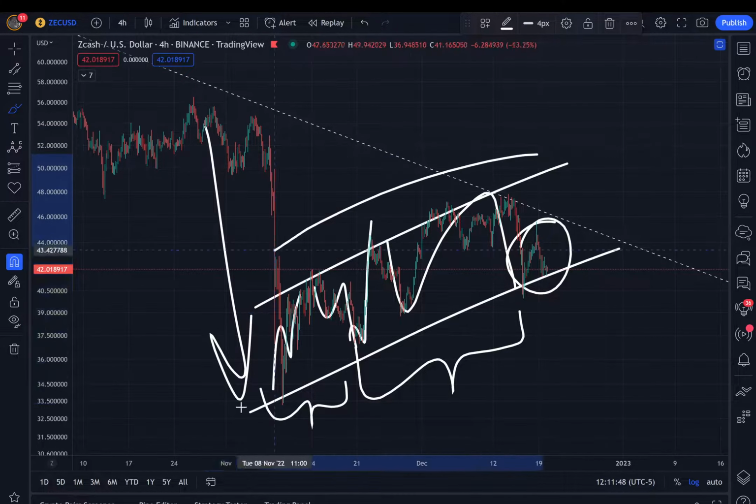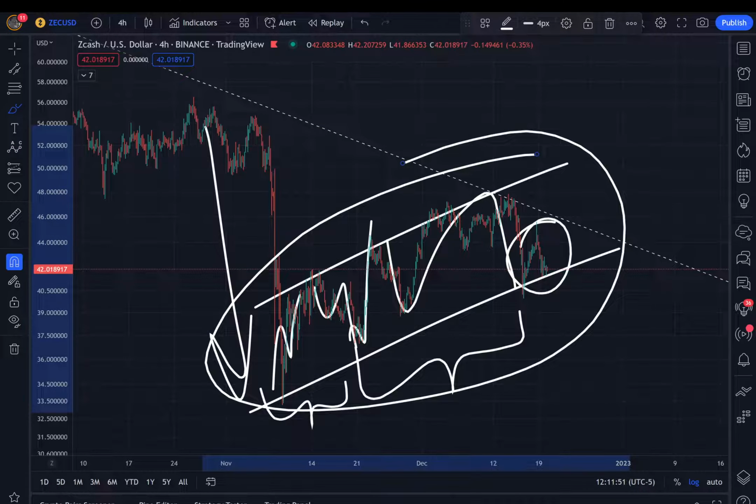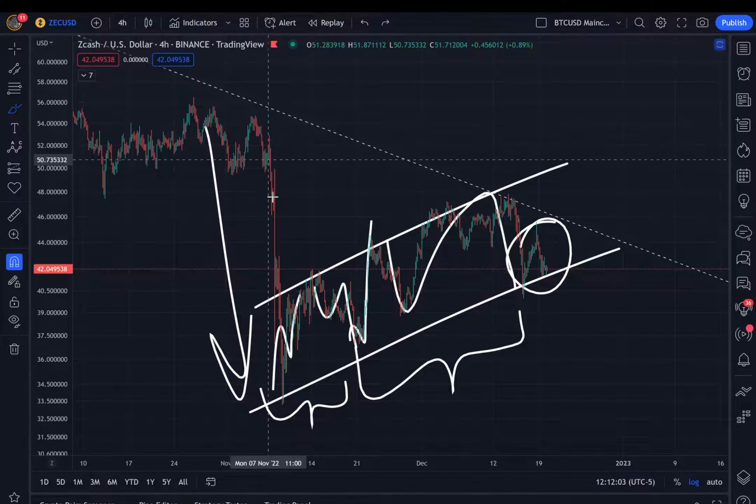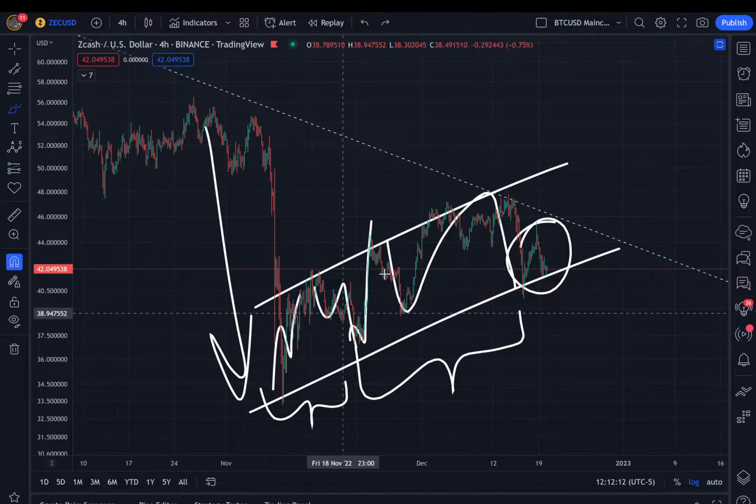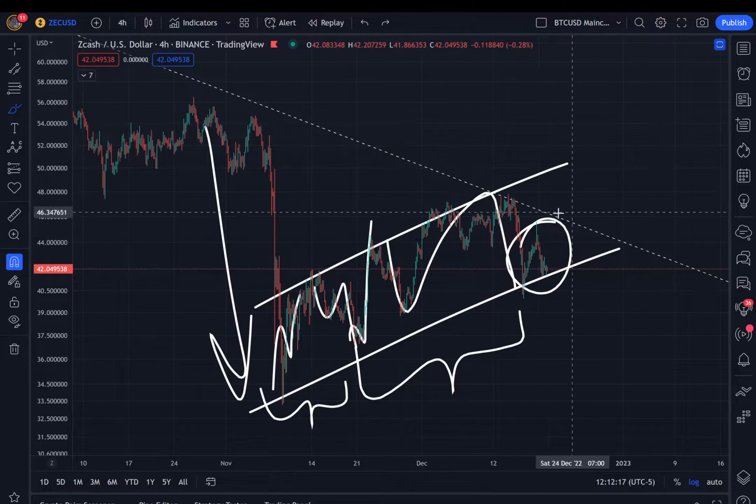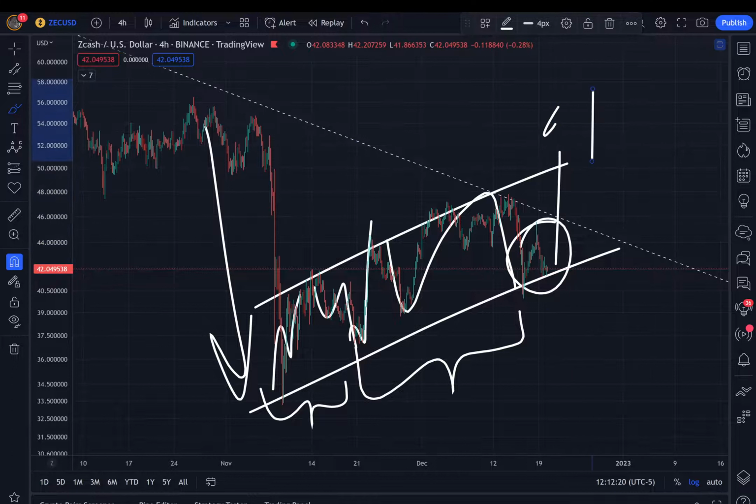This consolidation reversal channel, consisting of 3 sets of corrective waves, three pairs of corrective waves, or 2 degrees of AB basing and a pivot, is simply the response to this drawdown, which happened on the 8th, which coincided with the FTX debacle, and that gave you this A wave, B wave, A wave, B wave, pivot. You should get a breakout here. That's my read on Zcash.